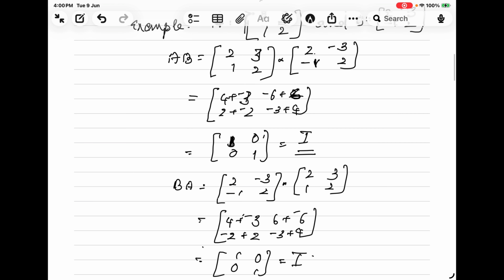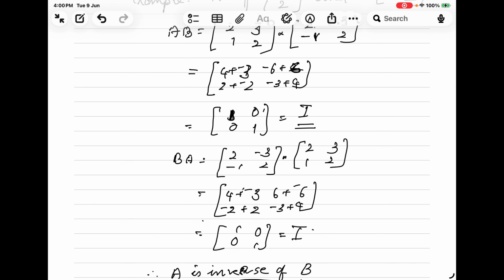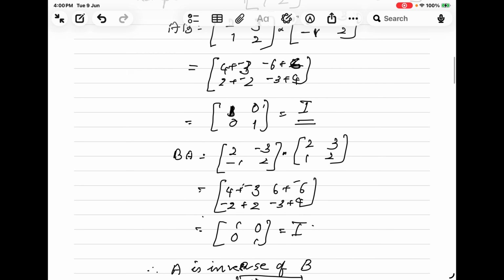BA equals matrix 2, negative 3, negative 1, 2 into matrix 2, 3, 1, 2. First row first column is 4 plus negative 3, first row second column is 6 plus negative 6, second row first column is negative 2 plus 2, and second row second column is negative 3 plus 4.